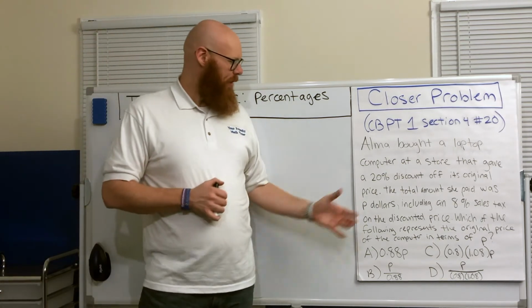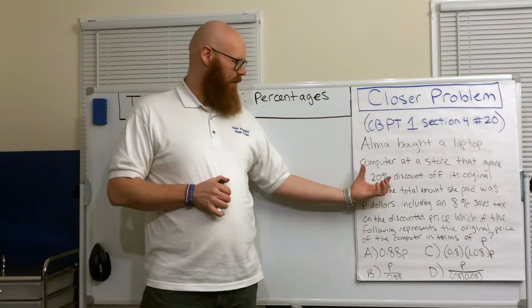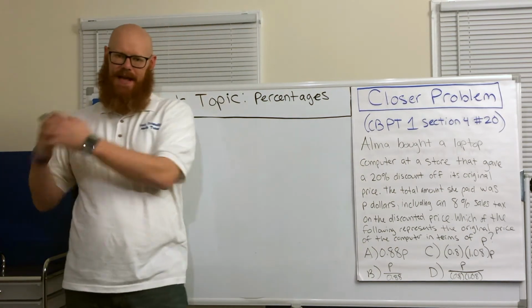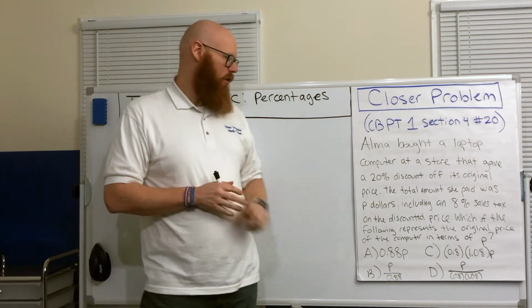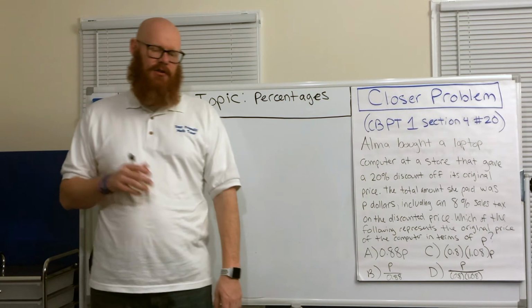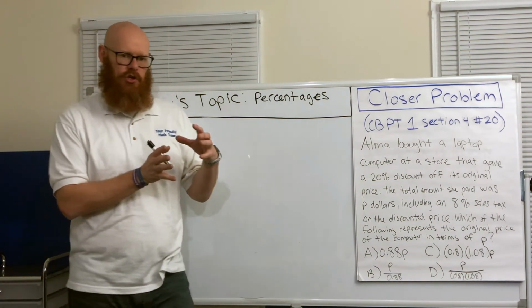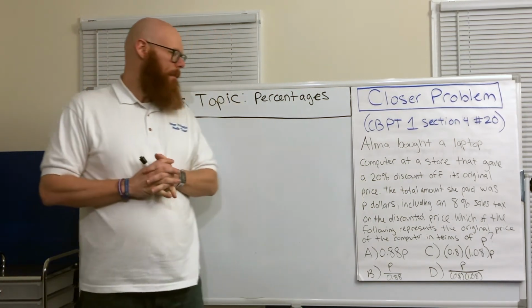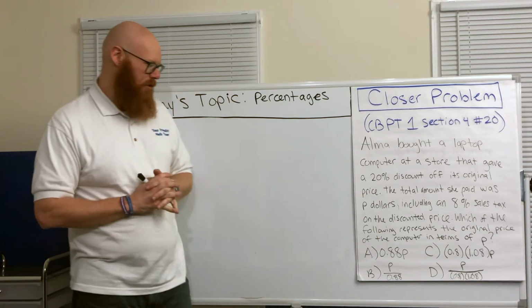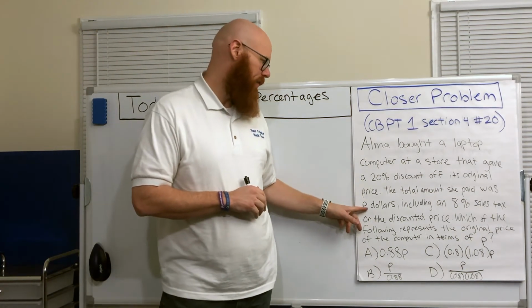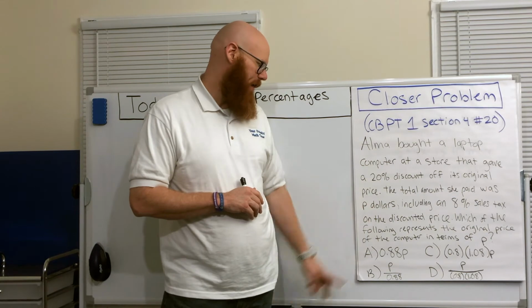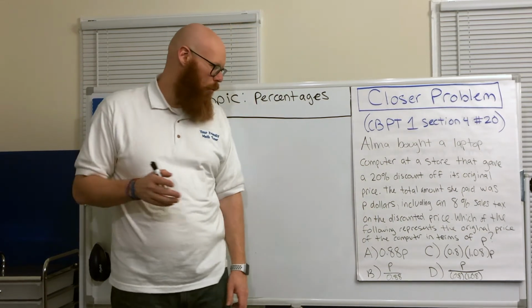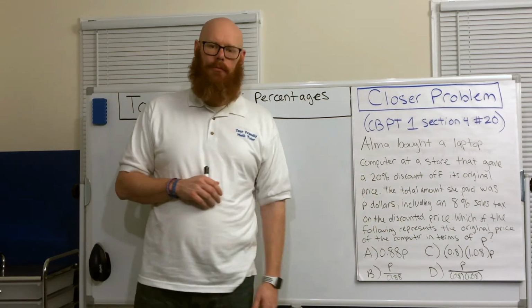So just some things to think about. Let's understand that a 20% discount, think about what decimal that represents, and also what an 8% sales tax or 8% increase, what decimal we should use for that. And also make sure that we set up an equation, all right? P is the amount that she paid at the end, and what we're looking for is the original price.